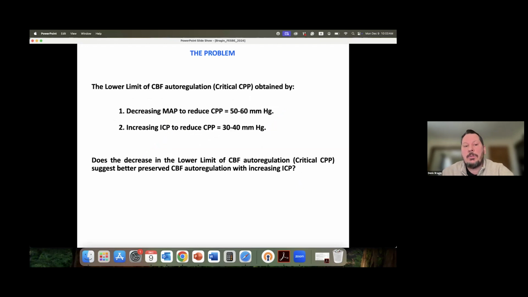And there is a problem. The low limit of cerebral blood flow autoregulation obtained by arterial pressure is about 50 to 60 millimeters of mercury, and when you obtain it by increase of ICP, it's about 30 to 40 millimeters of mercury.